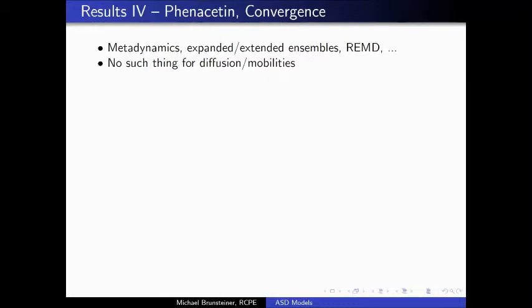Unfortunately, there's no such trick to accelerate the calculation of diffusion coefficients, and that's the reason why all the calculations I showed you there took more than a year on a small cluster we have in-house, exclusively used by me.